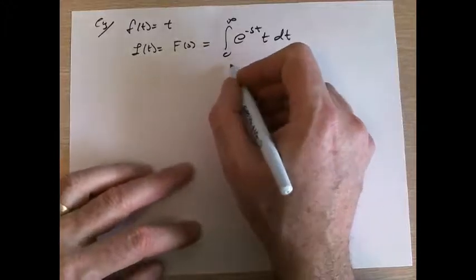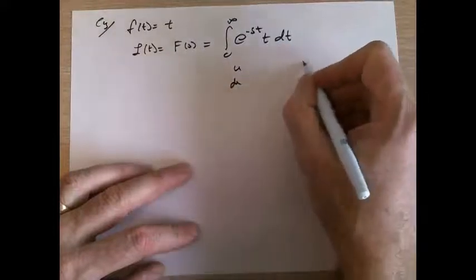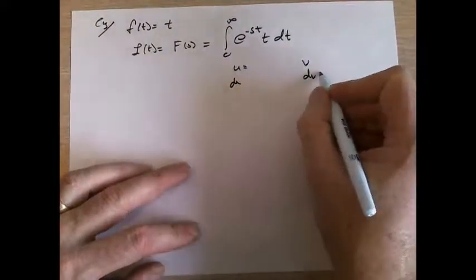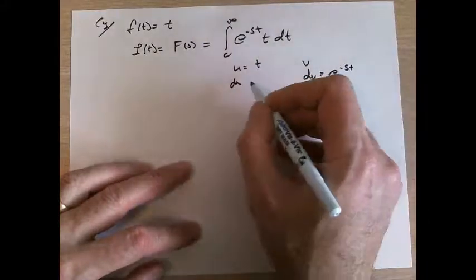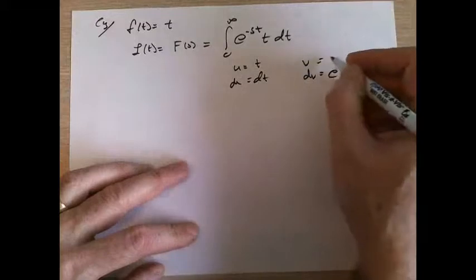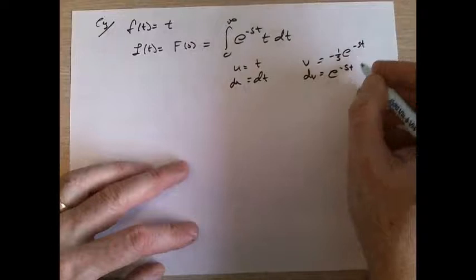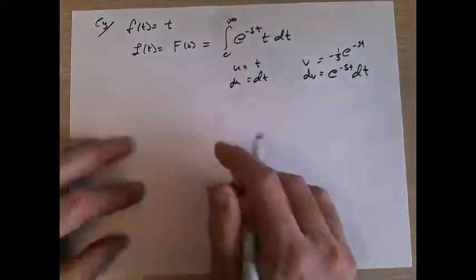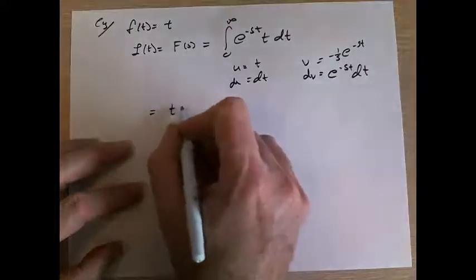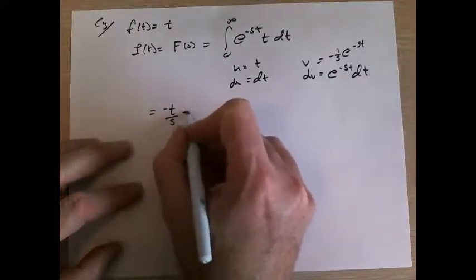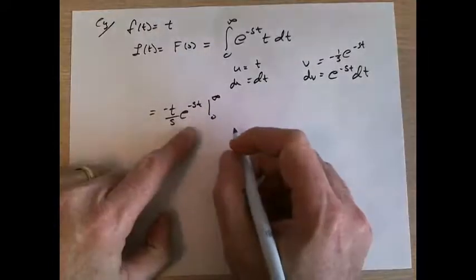So what do I have? This is an integration by parts. u, du, v, dv. I start with u and dv. Let's put a t here for u, and e to the minus st dt for dv. Then du is dt, and v is minus 1 over s e to the minus st. So the integral is u times v, so negative t over s e to the minus st, evaluated between 0 and infinity.